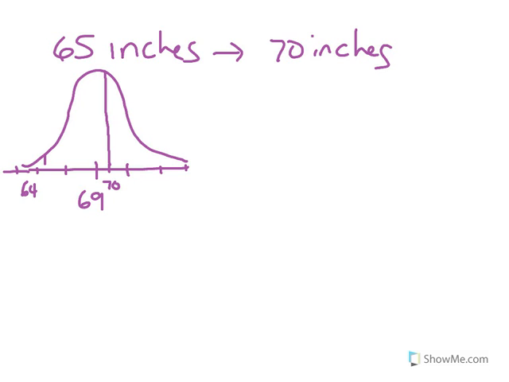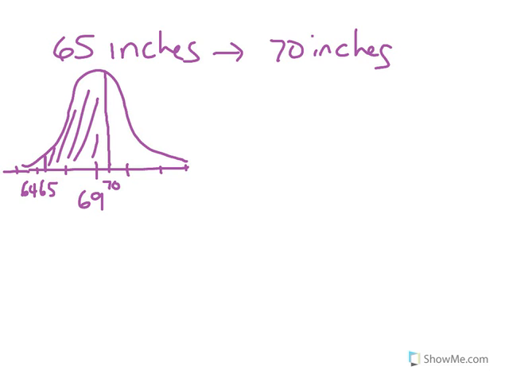So 65 would be just a little ways above that. So there's 65. So I'm looking for the area in between those two values. It's kind of an irregular shape. The table that we just looked at only gives me area to the left of a particular value.